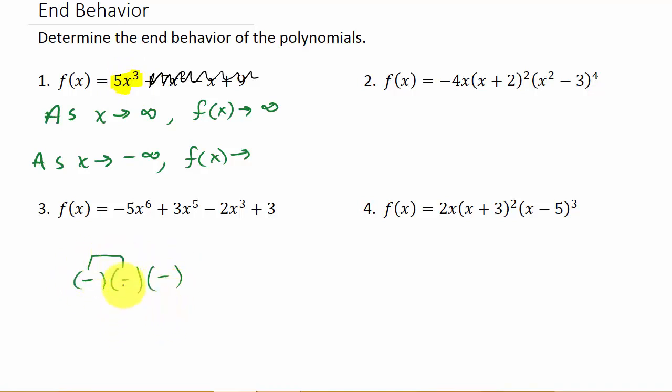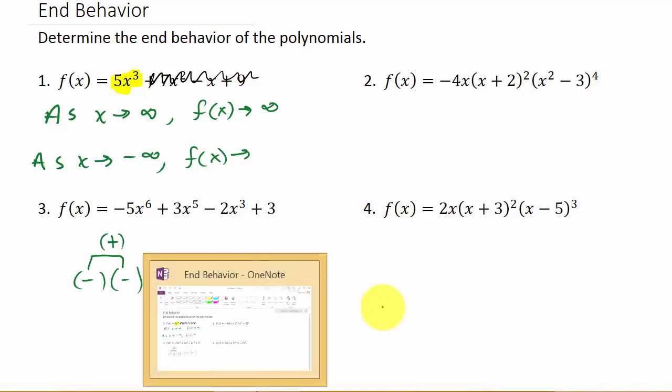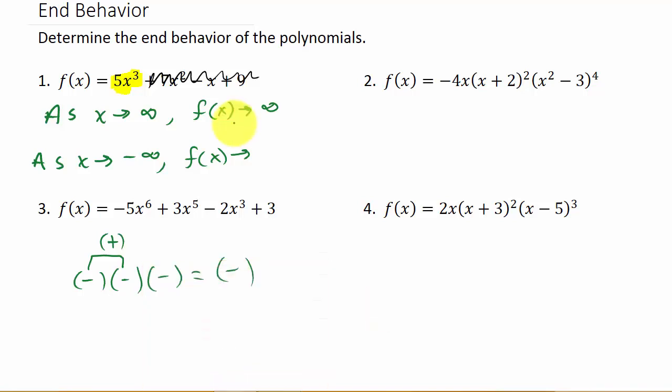The negative times negative is a positive, and a positive times a negative gives me a negative answer. Then that negative answer times positive 5 is negative also. So that gives me a number at negative infinity, which means f of x is going to negative infinity.